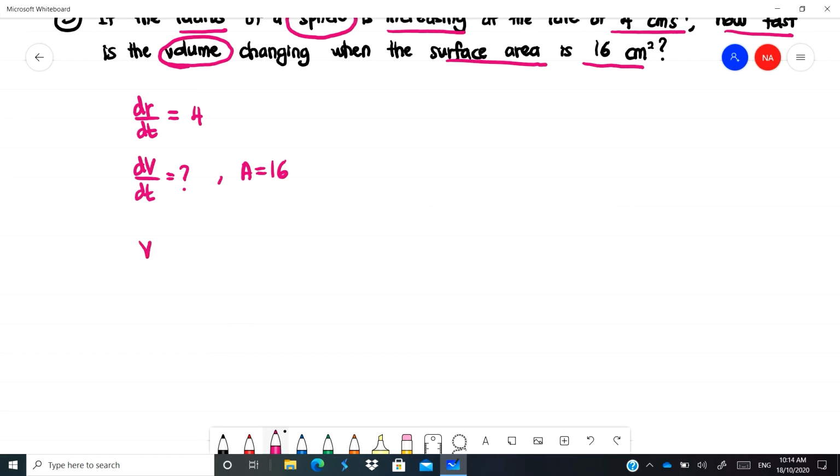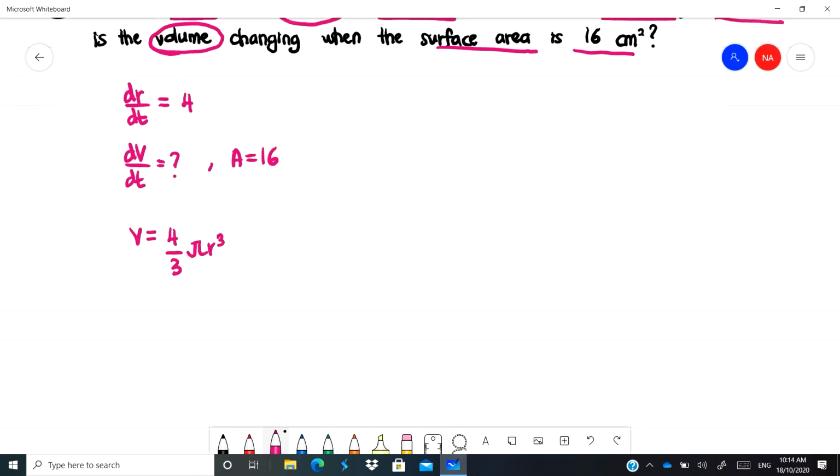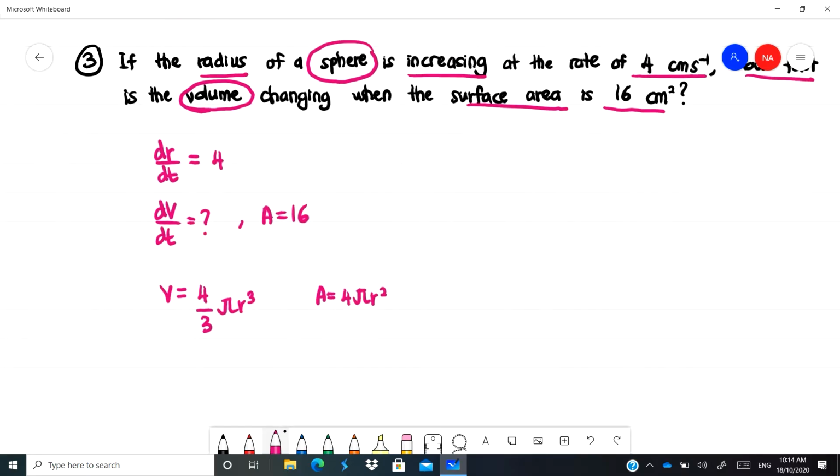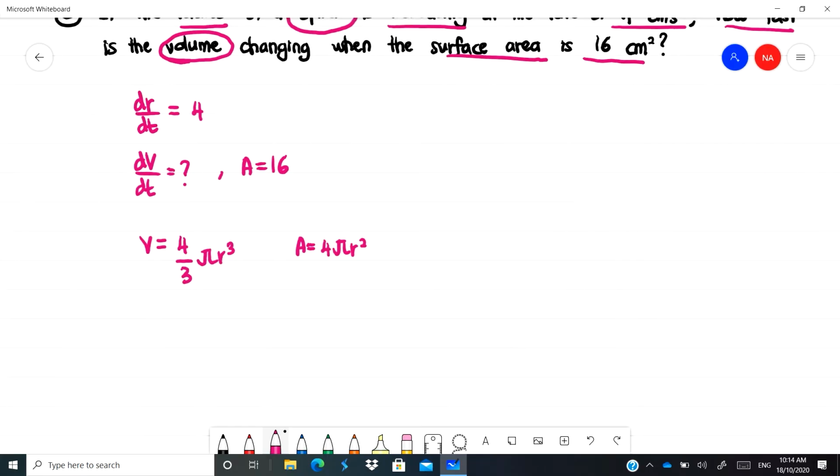The volume of a sphere is given by 4 over 3 pi r to the power of 3, and the surface area of the sphere is A equals 4 pi r squared. This one you have to memorize. Now we want to find the value of dv over dt when A is 16.